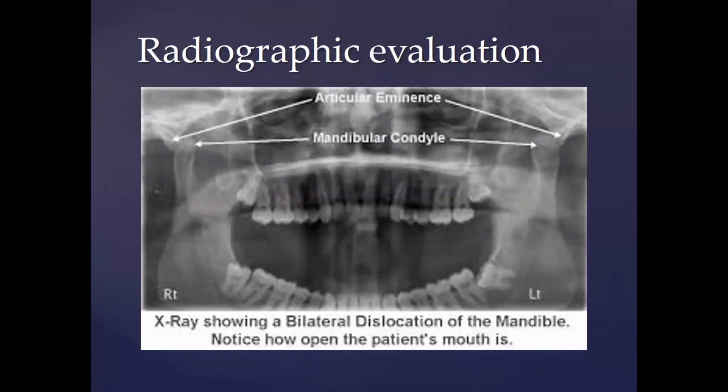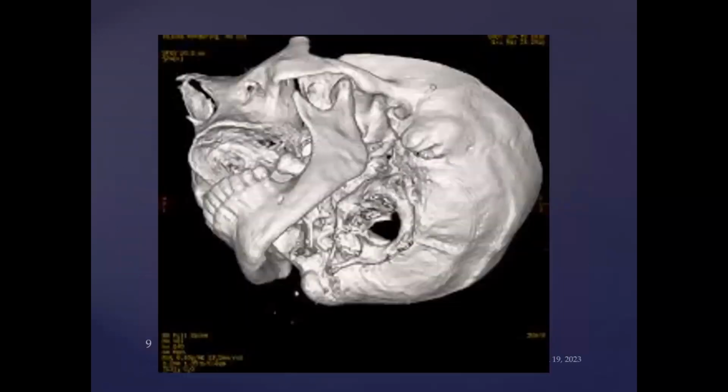This is an OPG showing the mandibular condyle on both sides completely out of the fossa, and on the left side you can see it is completely out of the articular eminence. This is another view where the condyle has come out of the fossa, above and in front of the articular eminence.